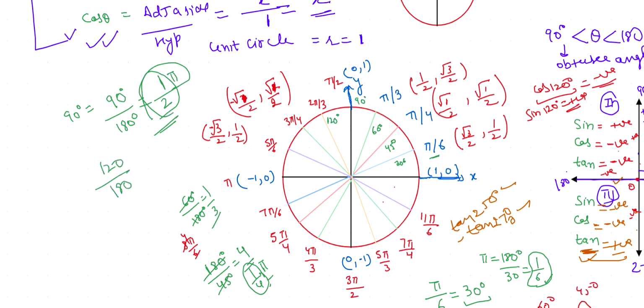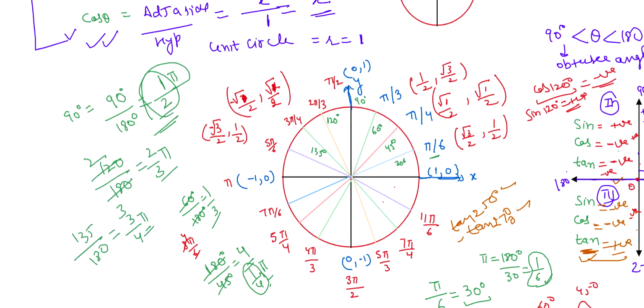Then you will get 2 by 3 pi radians. Then the next is 135 degree. 135 divided by 180, you will get 3 by 4 pi. Okay. And so on, you can find out the angles also from these radians.